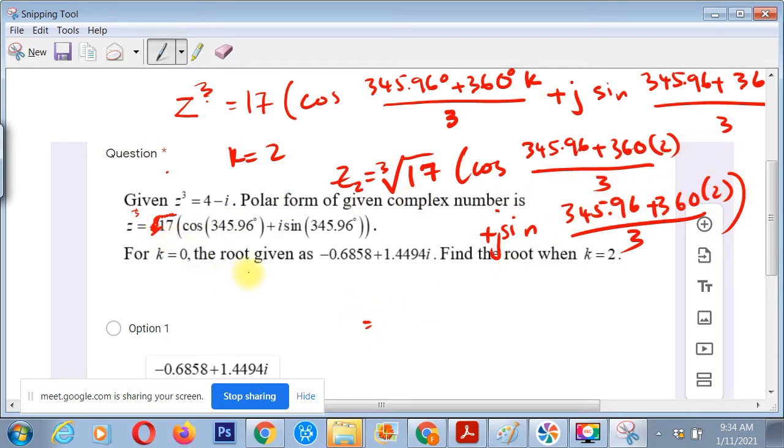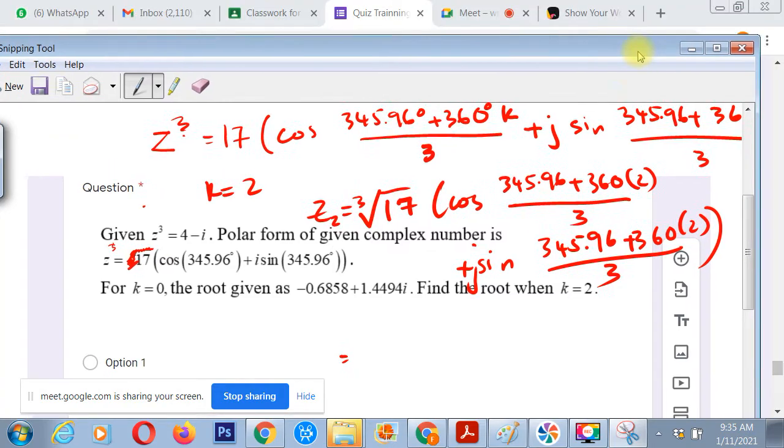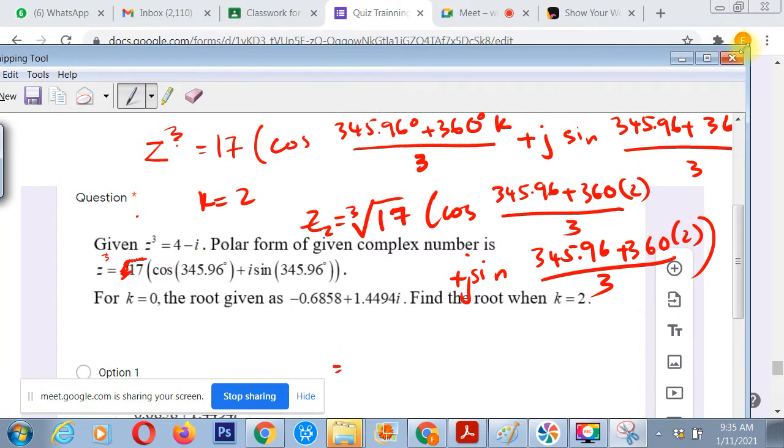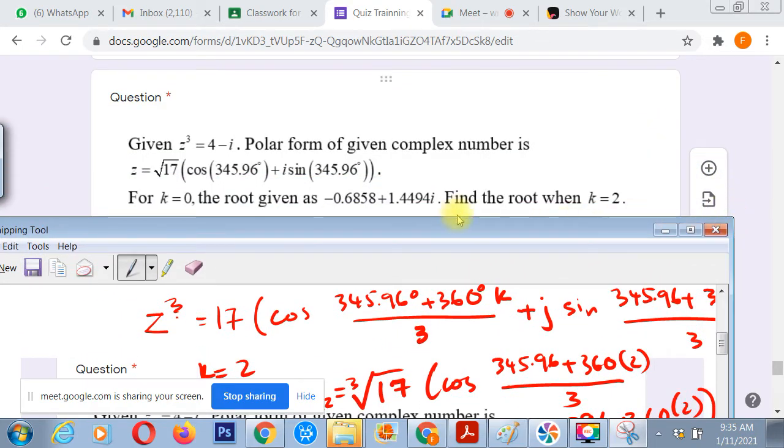I think the question is wrong. The question is written wrong.